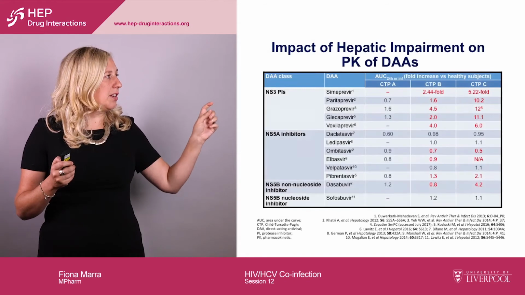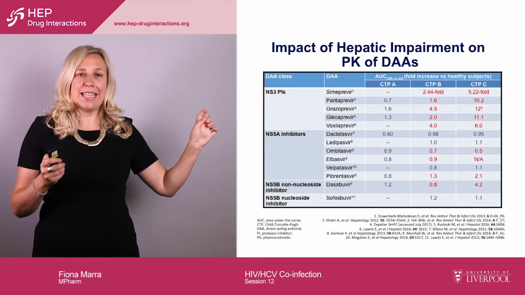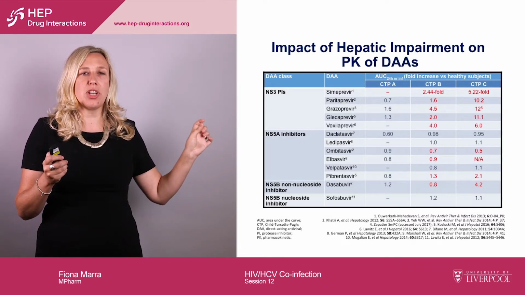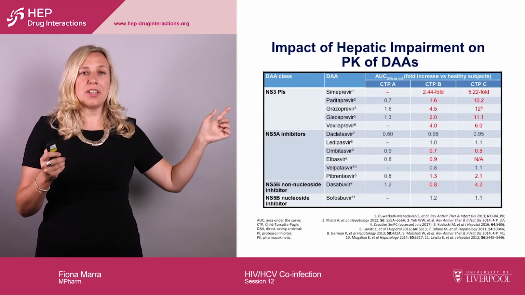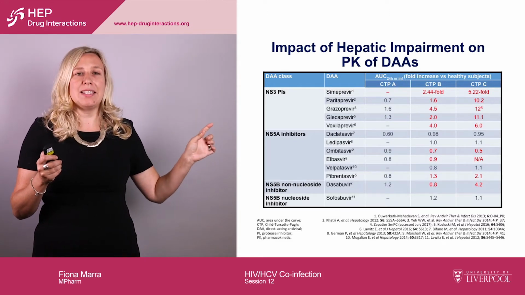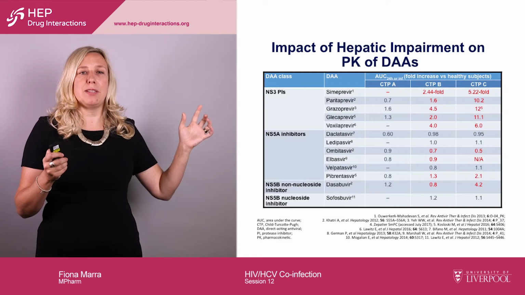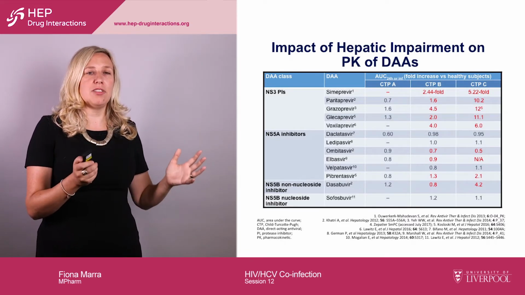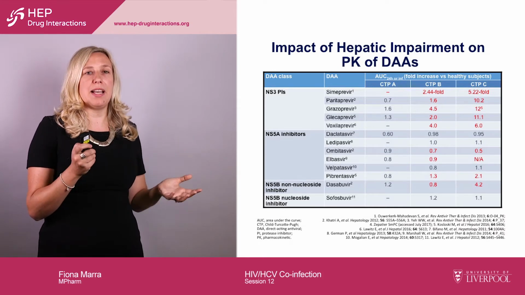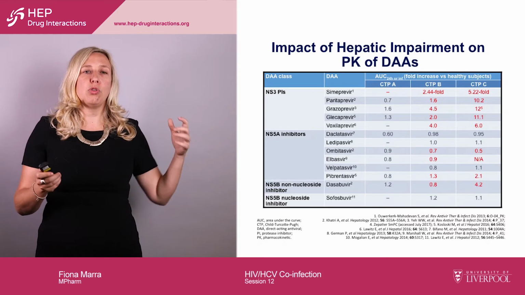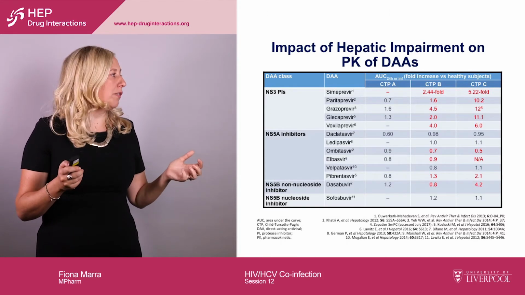So if you see here the drugs that are contraindicated or not allowed if this patient progresses to Child-Pugh B or C cirrhosis. So the drugs in red here, which are all the protease inhibitors licensed, can't be used if this patient's cirrhosis progresses. So whilst we've analysed the drug-drug interactions between hepatitis C and HIV and the other co-medications, we also need to think about this when making a choice of therapy.